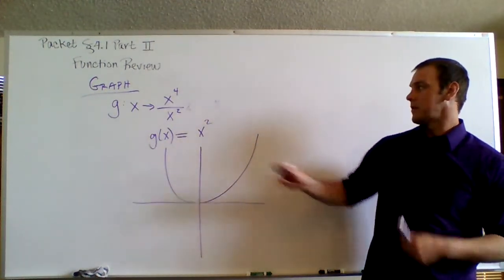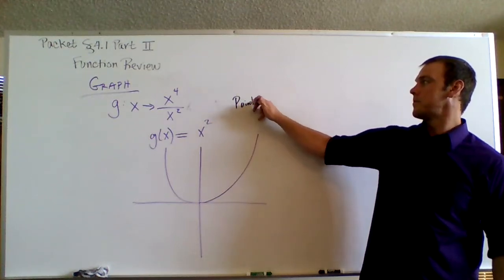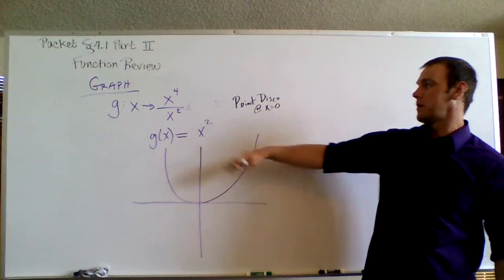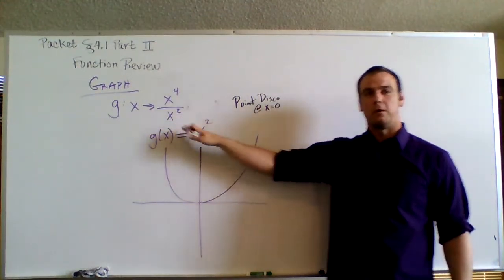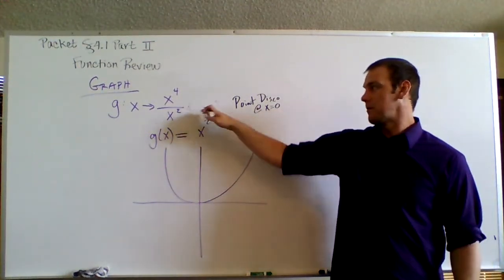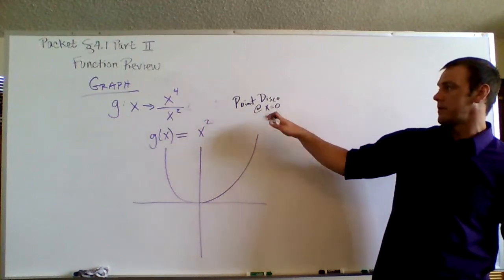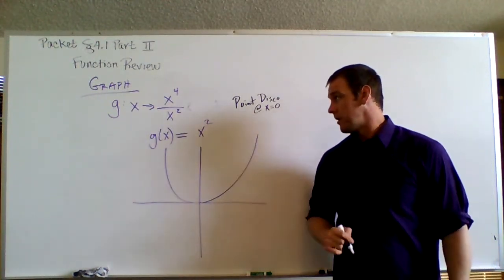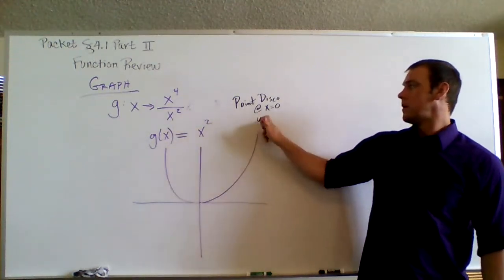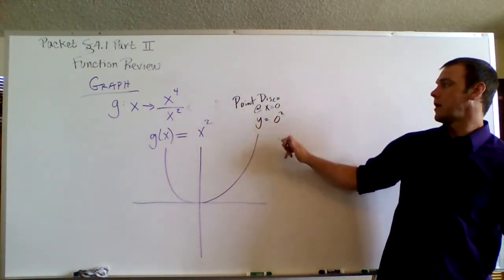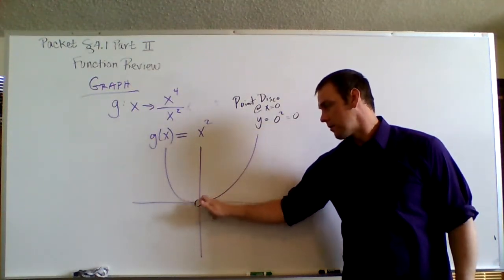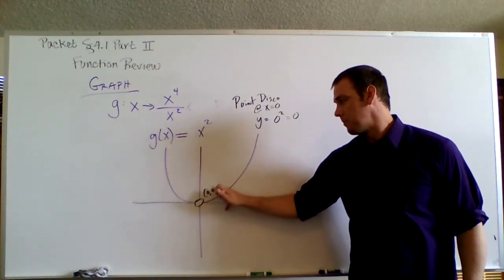We have a point discontinuity at x equals 0 because we set the denominator equal to 0 and solve it. X squared cannot equal 0, so we have a point discontinuity at x equals 0. Plug that back into whatever's left over. My y value is going to be 0 squared, which is also 0. So our point discontinuity is at the point 0, 0.